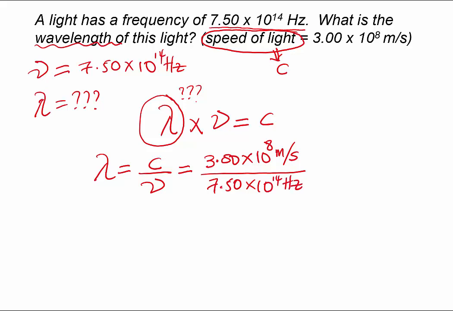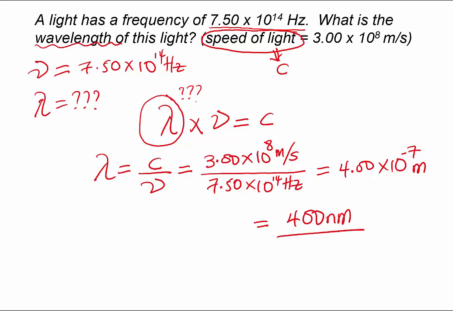If we divide, we should get 4.00 times 10 to the power -7 meters. And if we convert this to nanometers, we should get 400 nanometers, which is usually the unit that is used to represent wavelength.